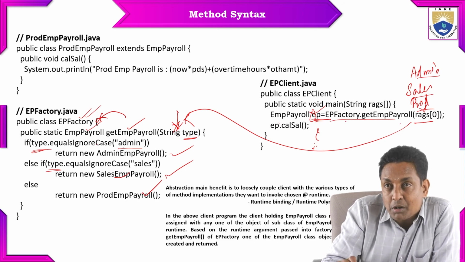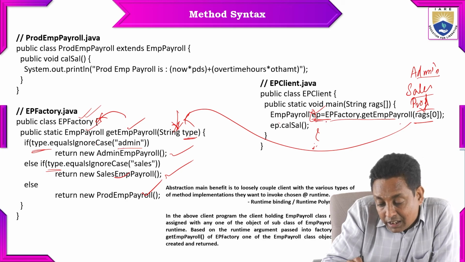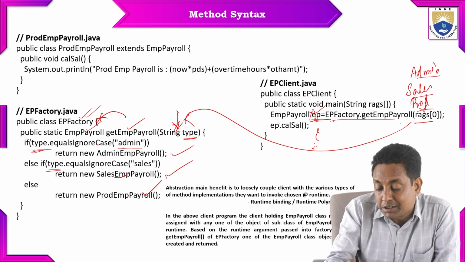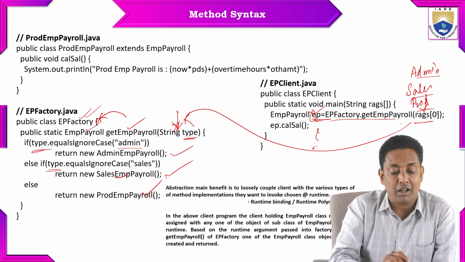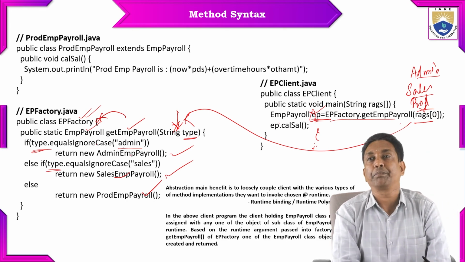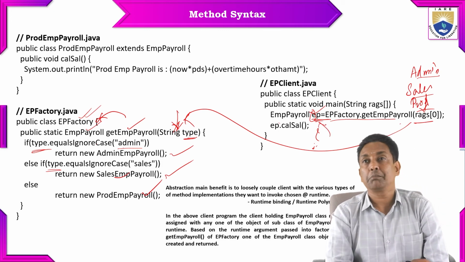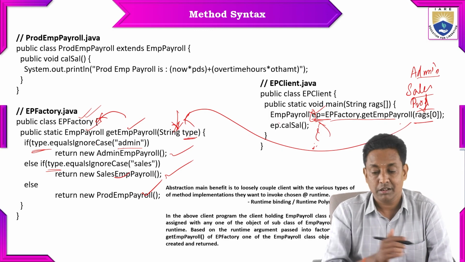No admin, sales or production employee payroll class object is directly instantiated here. That instantiation statement is not hard-coded here. It was hard-coded earlier. Here you dynamically get employee payroll subclass objects.